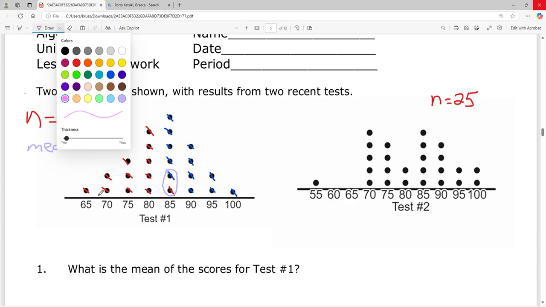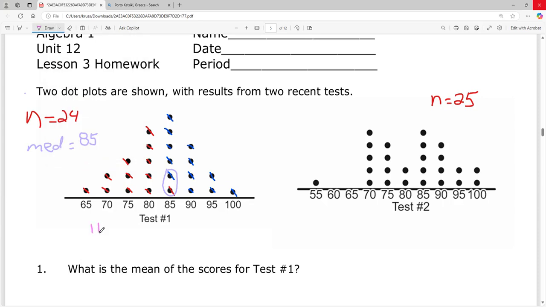So 1 times 65, 70 times 2, 75 times 3, 80 times 5. And when you do all that arithmetic, you get the sum of all these points is 1,990.